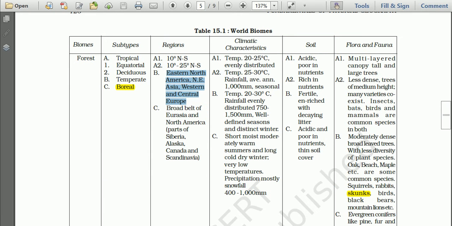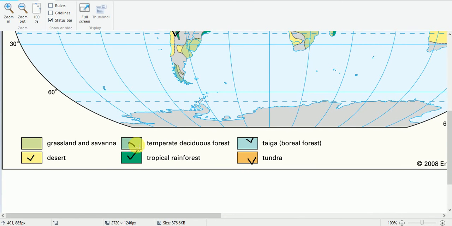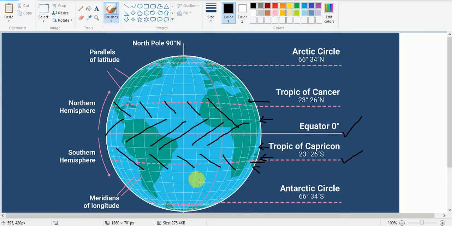See the color code: eastern North America, the temperate deciduous forest region, this region. Then see here the European countries, and these areas.